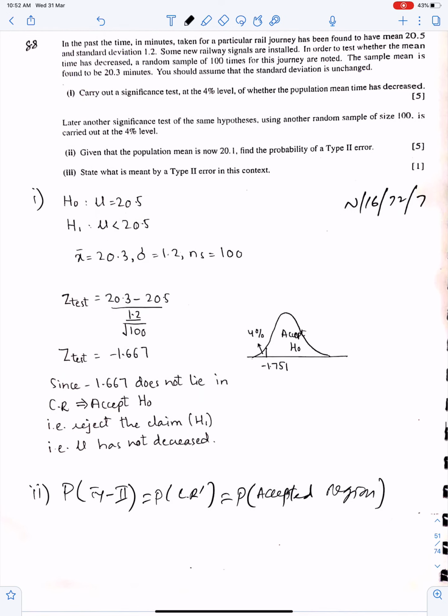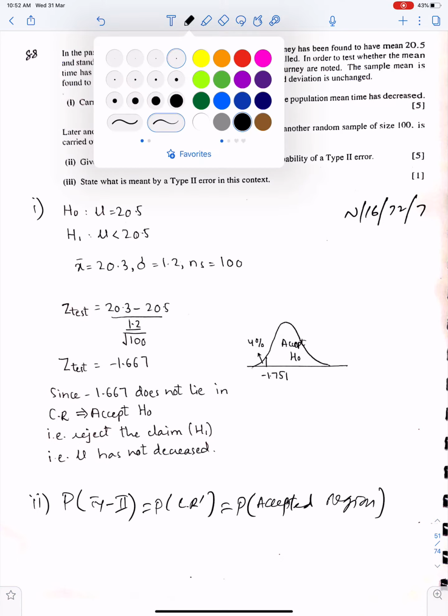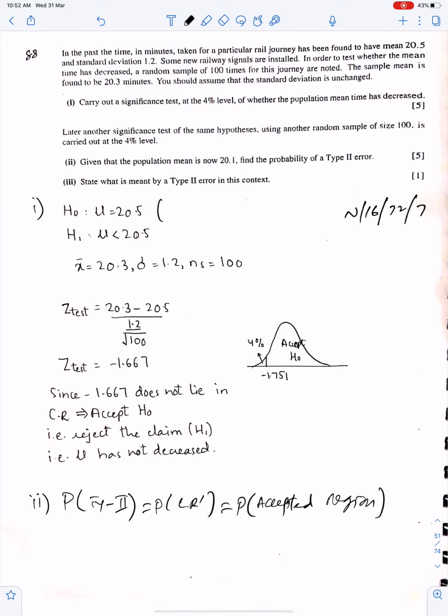Now the next part. State what is meant by type 2 error in this context. I have already told you, always explain type 2 through this information. This means mu has decreased. This means mu has not decreased.